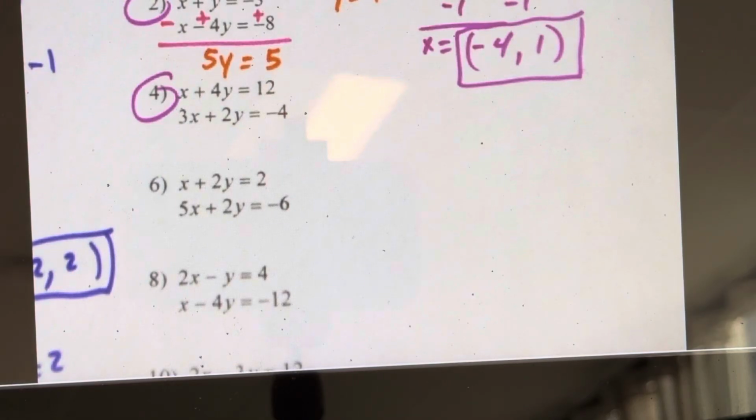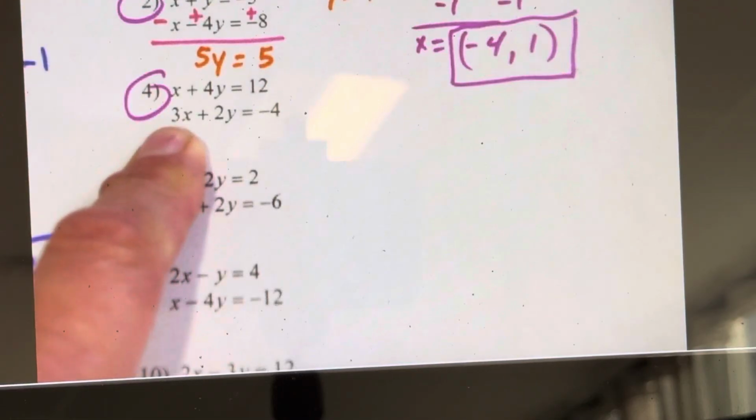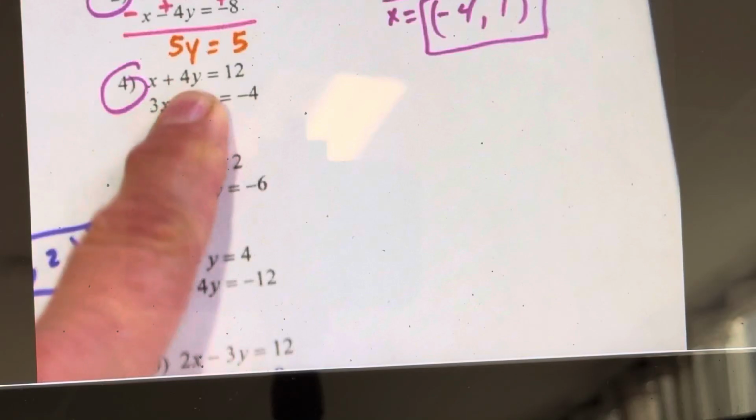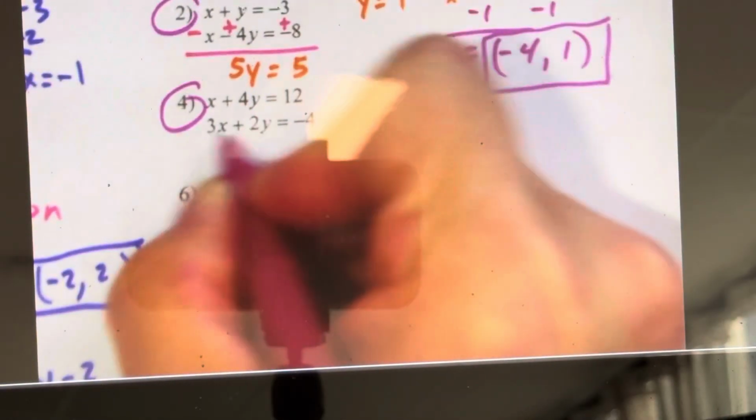The opposite of positive 3 would be negative 3, so we can multiply the top equation by negative 3. Or what's the opposite of positive 4? Negative 4. So 2 times what gives you negative 4? Negative 2. So multiply the bottom times negative 2.